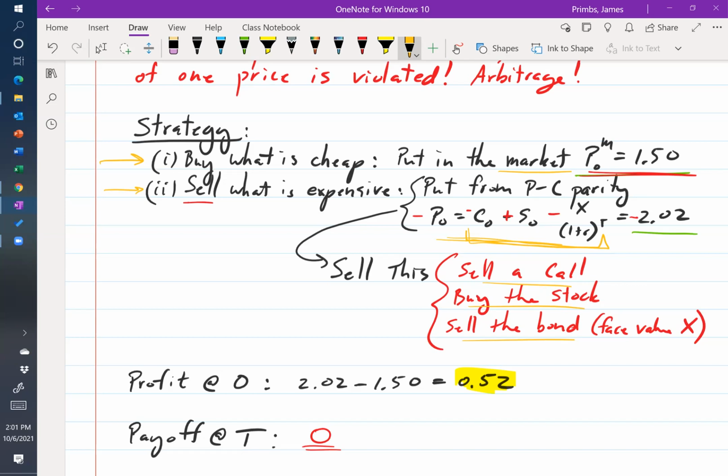I paid $1.50 for the put that I bought, but I received $2.02 for that hidden put payoff that I sold using put call parity. So I just pocketed 52 cents. And I don't have to worry about it at expiration, because I was long a put and short a put payoff. They just cancel each other out.